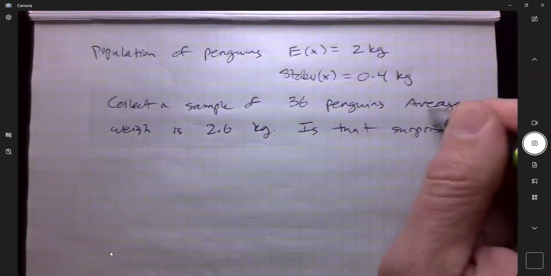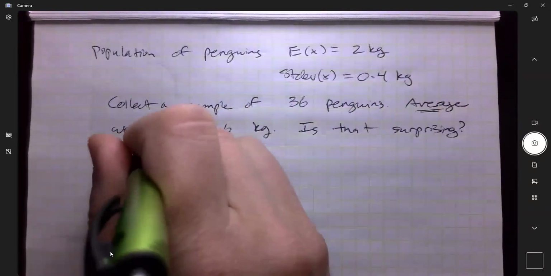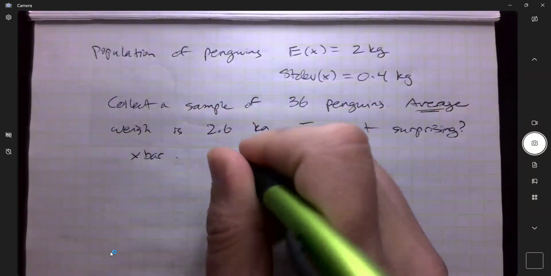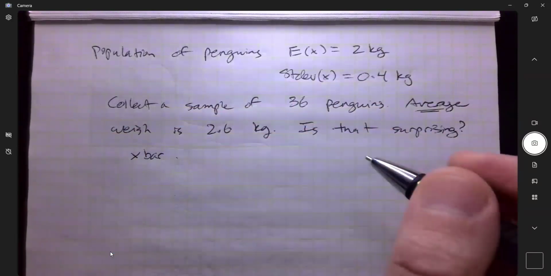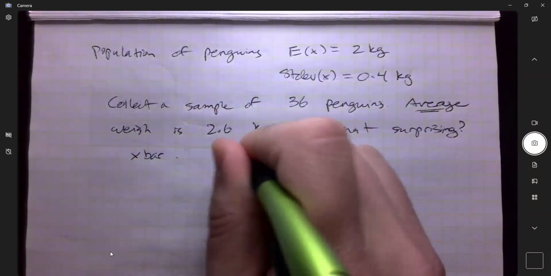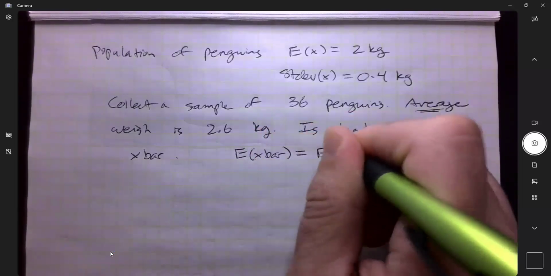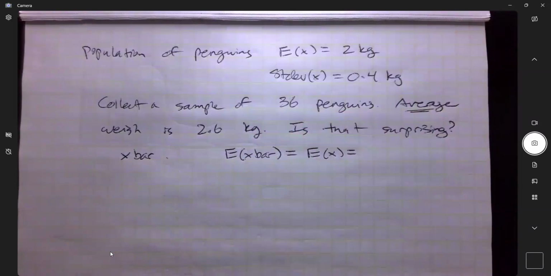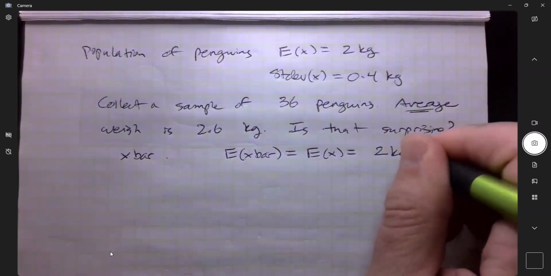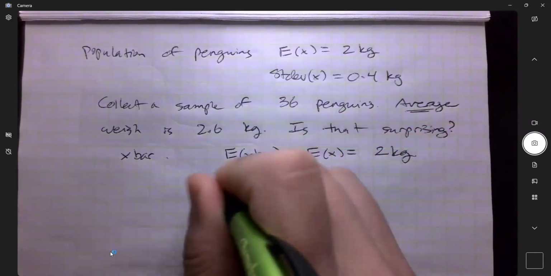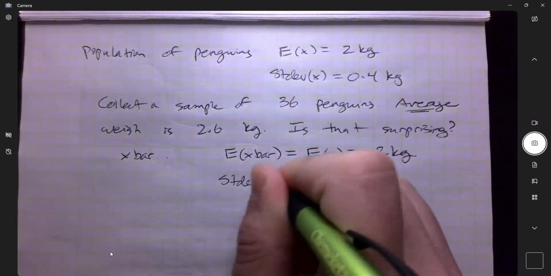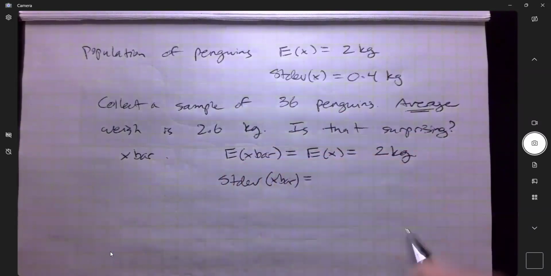Well, as soon as we talk about the average, we're talking about X bar. So now we build a normal distribution with an expected value of X bar, which is the same as the expected weight of any given penguin. That's 2 kilograms. But the standard deviation of those means should be smaller because a sample stabilizes estimates.